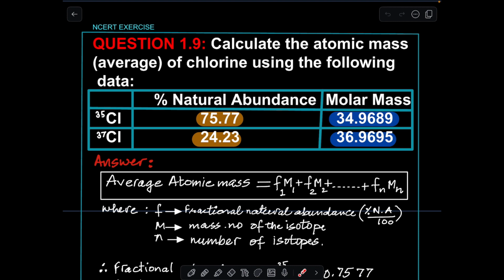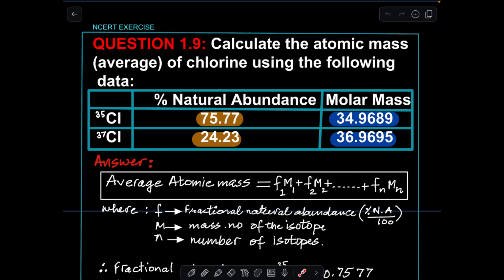So average atomic mass is calculated with the help of this formula: the sum of the product of the fractional abundance of the isotope and the molar mass of the isotope. That means the fractional abundance of the first isotope times the molar mass of the first isotope, plus the fractional abundance of the second times the molar mass of the second, and so on.